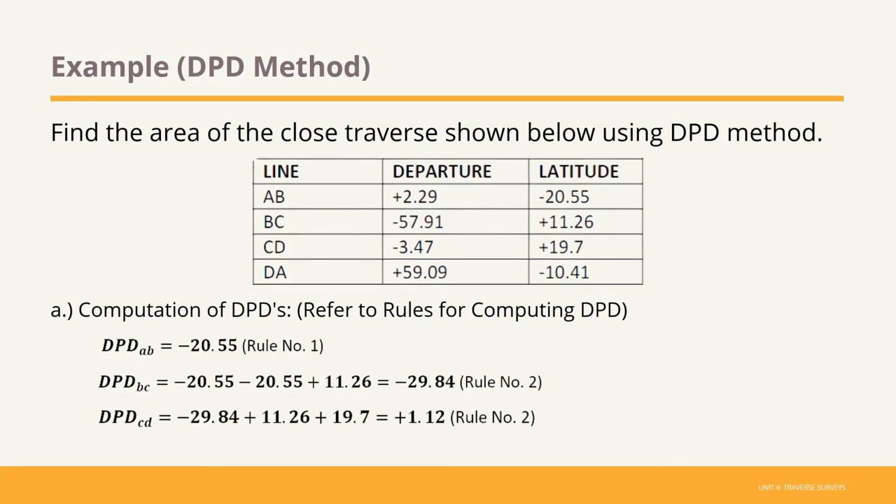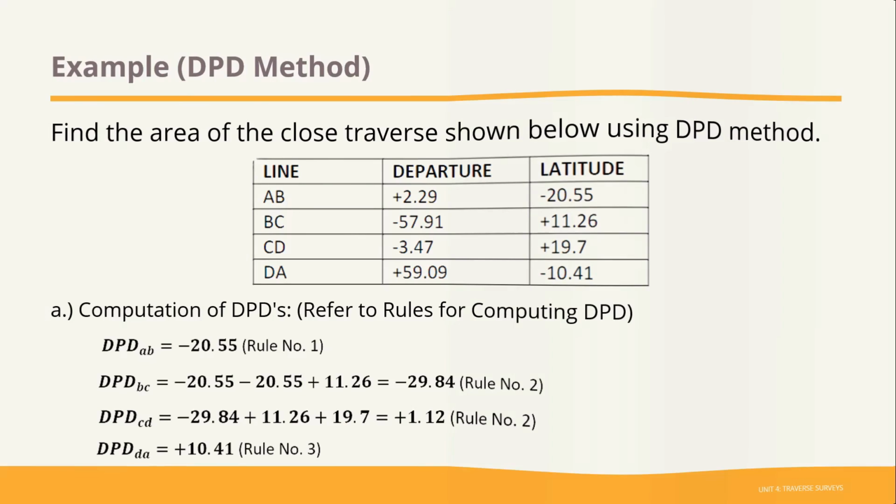For the DPD at line CD, we'll use the same rule, rule number 2, and we'll have a positive 1.12 DPD. And lastly, for the DPD at line DA, we just have to change the sign of the latitude of the line DA, and so we'll have a positive 10.41 DPD. And so that's it for computing DPDs.